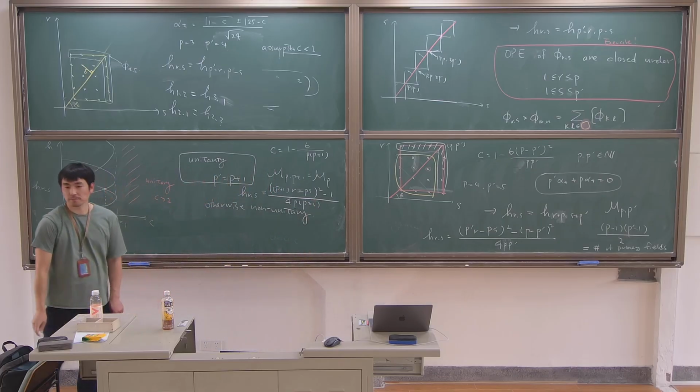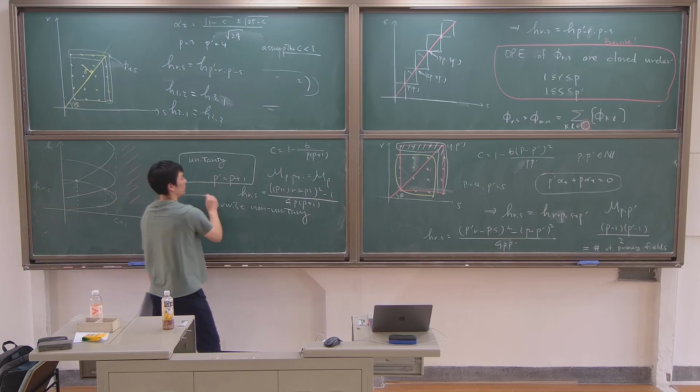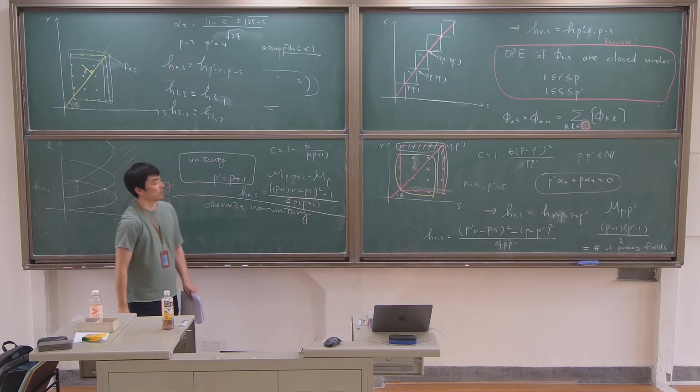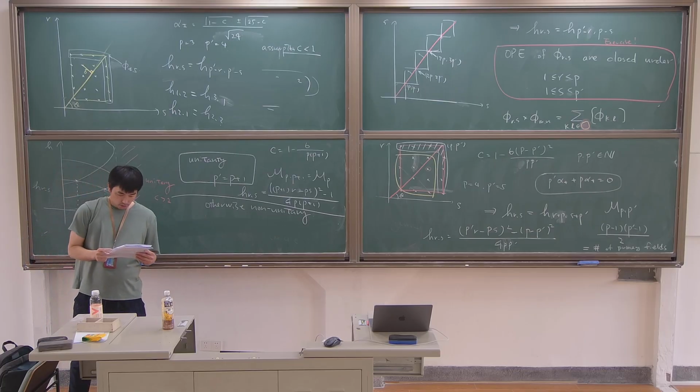Okay. So that's the formula for the unitary minimal model. Any question at this moment?